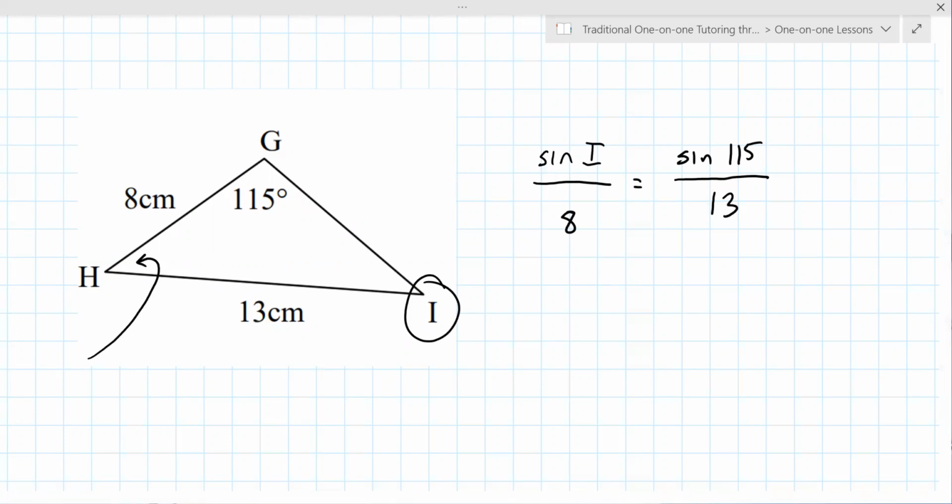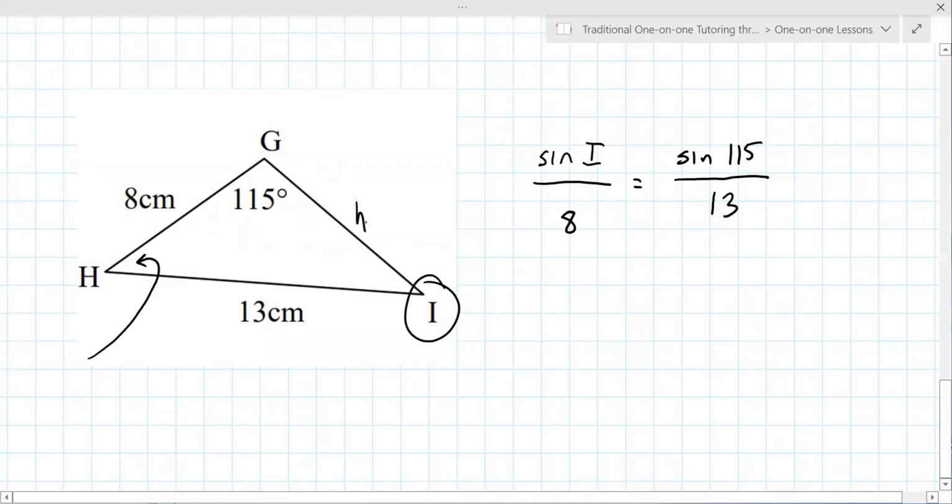And then after that, you would find side GI by doing GI over sine H equals... You need another side up here.